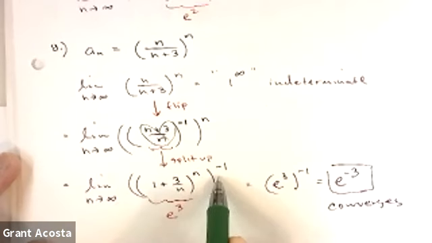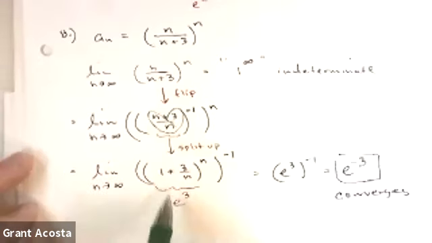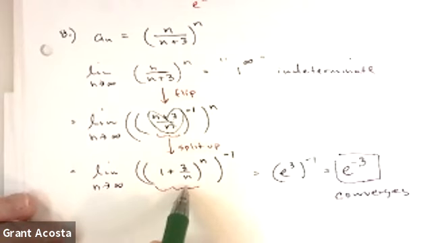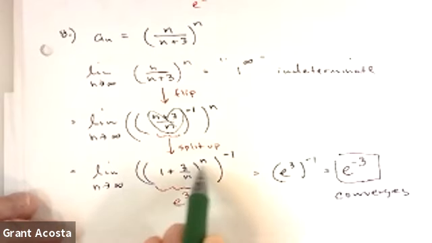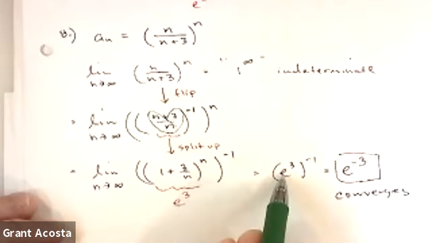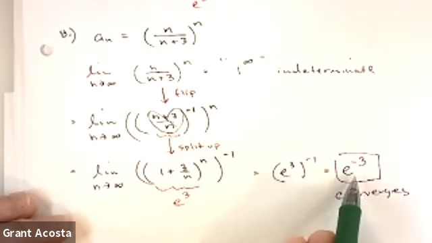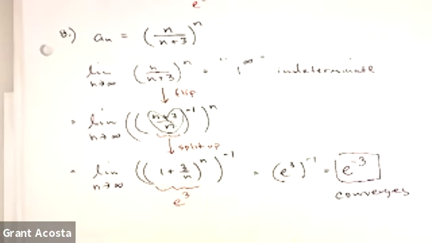It's the same thing. And now I can see that this limit right here is approaching e^3. Right? It has that form. And it's being raised to the -1. So my limit would be e^(-3), which means my sequence converges.